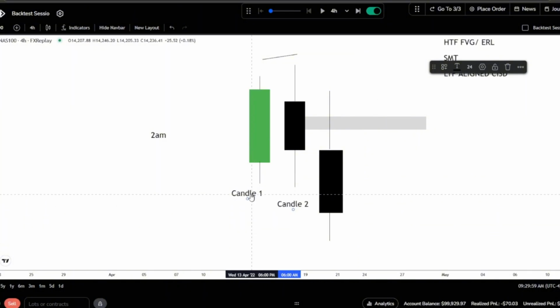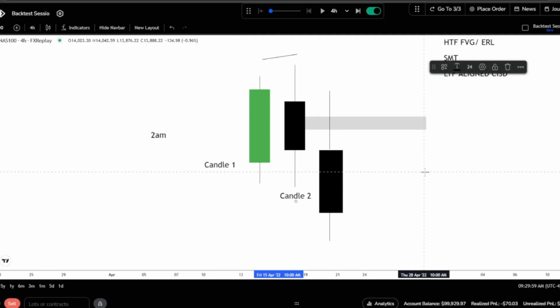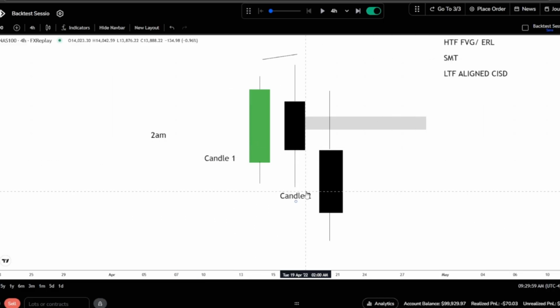Now, a lot of people put a lot of power into the macro timings. Me personally, I'm not that big on macros.